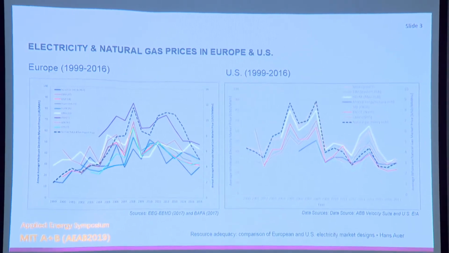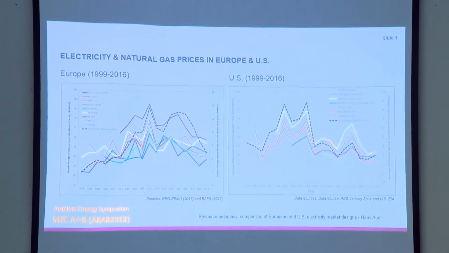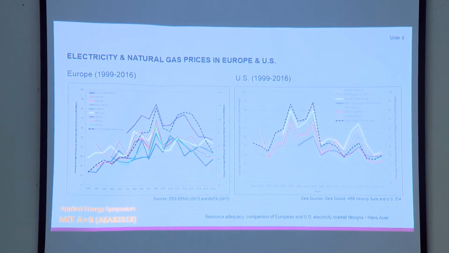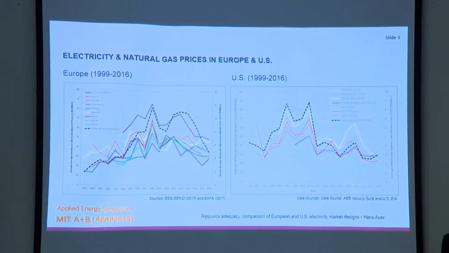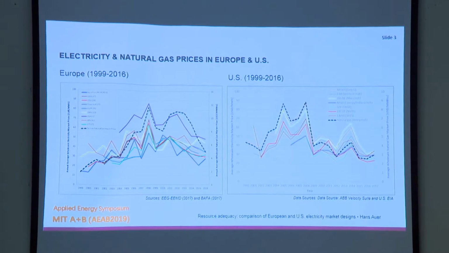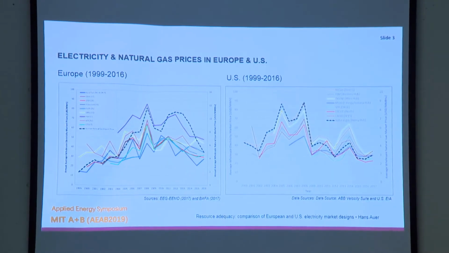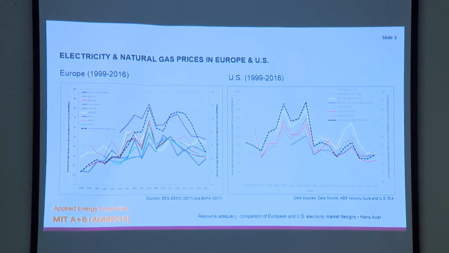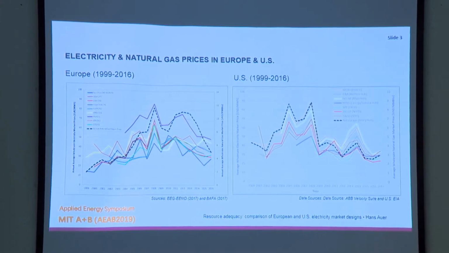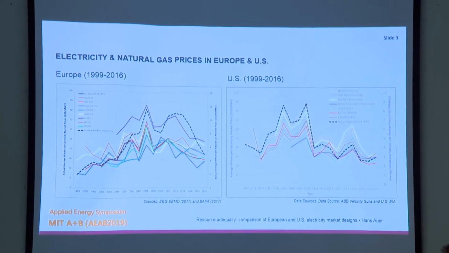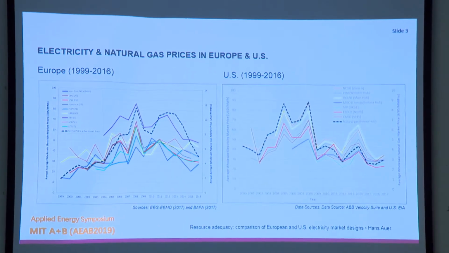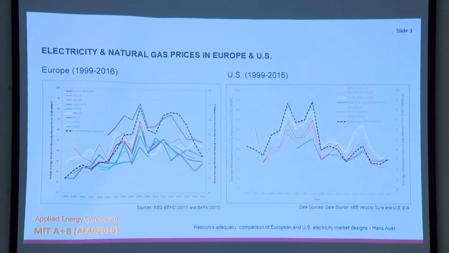So first we had a look at the electricity and natural gas prices on the wholesale marketplaces. On the left-hand side we see Europe, and on the right-hand side we see the US. Here we present the annual average prices on the different marketplaces. In Europe we see, let's say, the most important marketplaces.